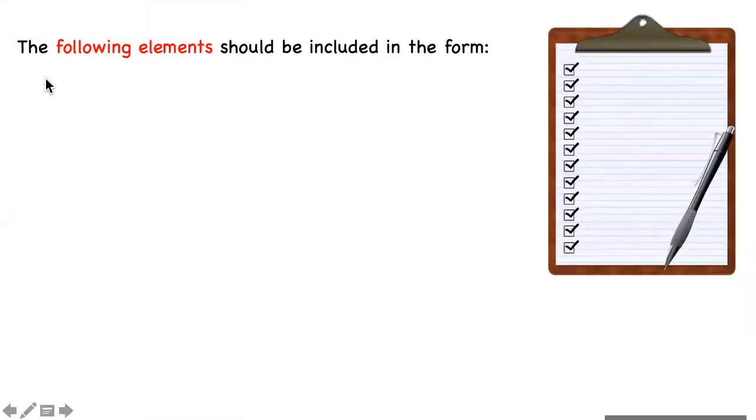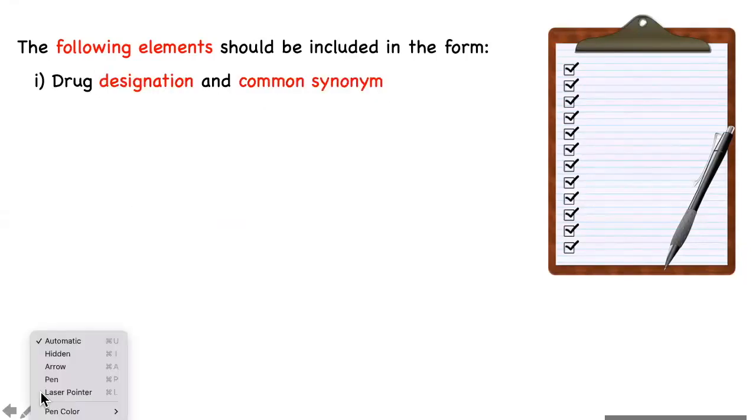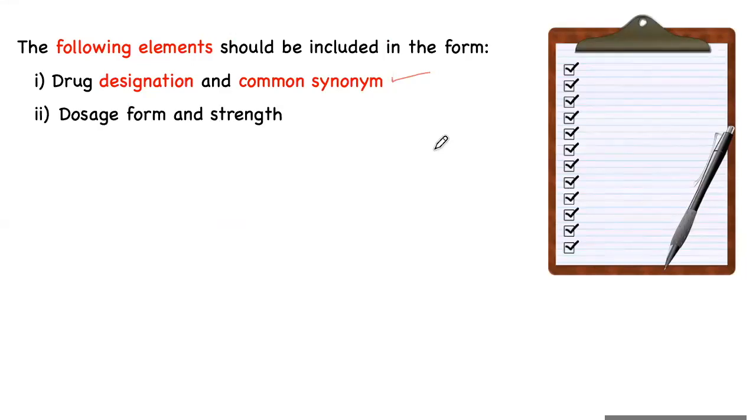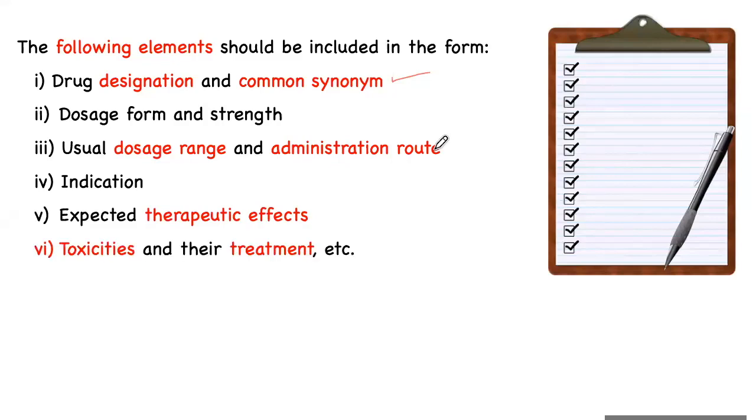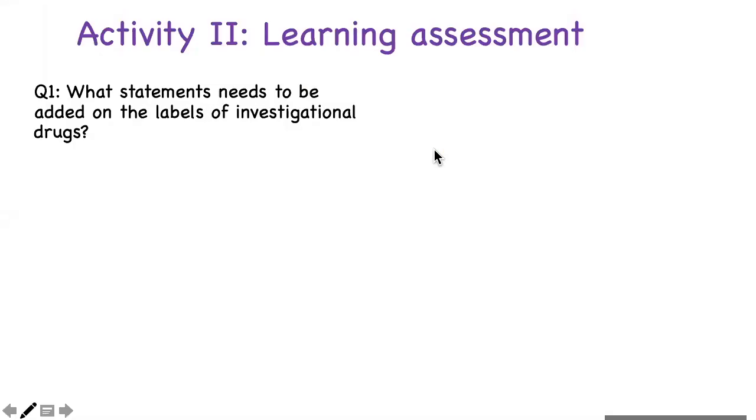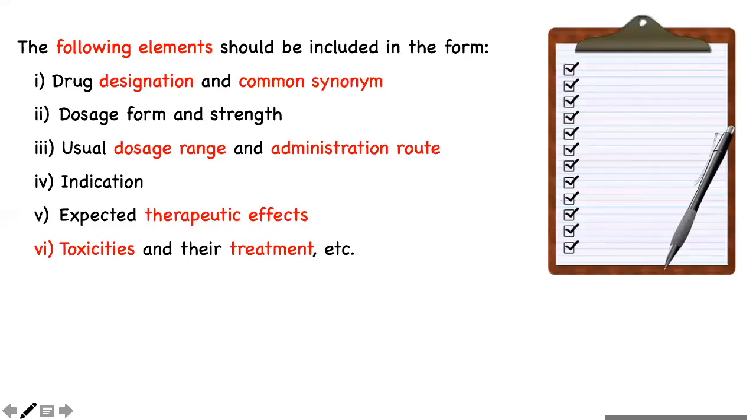In addition to this, the following elements should be included in the form. What are those elements that you include in the form designed for investigational drugs? First, the drug designation and common synonym. So you have to keep the record of drug designation and the common synonym. Then dosage form and strength, usual dosage range and administration route, then indication, expected therapeutic effect, toxicities and their treatments related to the investigational drug.